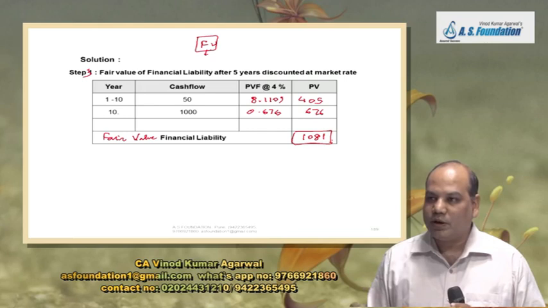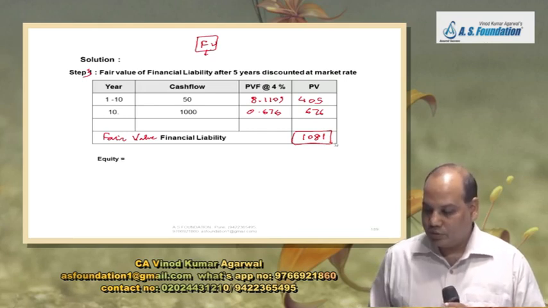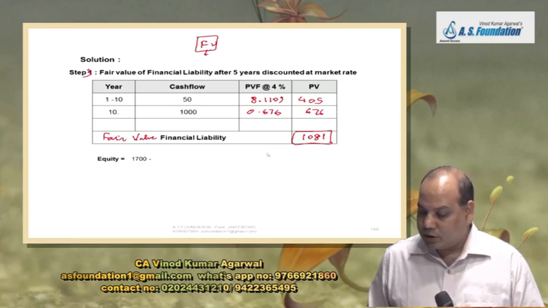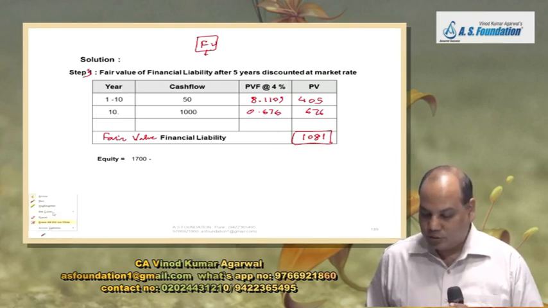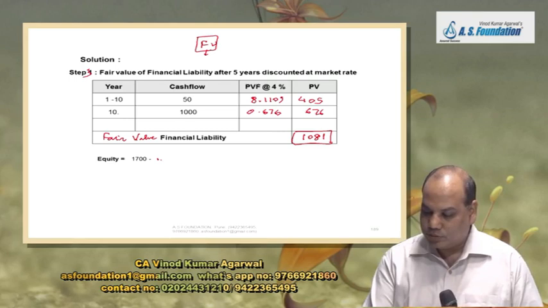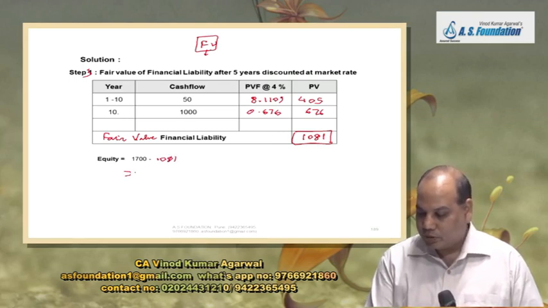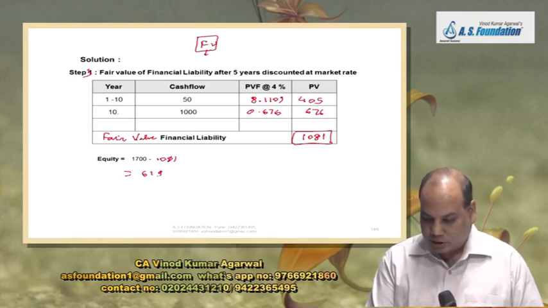Total consideration paid is how much? 1700. So out of 1700, 1081 I am going to allocate to debt. So how much am I going to allocate to the equity portion? 619.